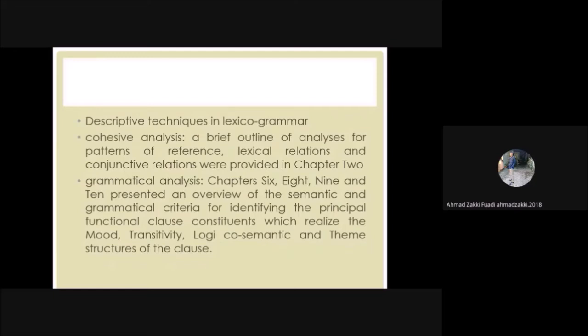Then grammatical analysis: chapters 6, 8, 9, and 10 presented an overview of the semantic and grammatical criteria for identifying the principal functional clause constituents which realize the mode, logical, semantic and theme structures of the clause.